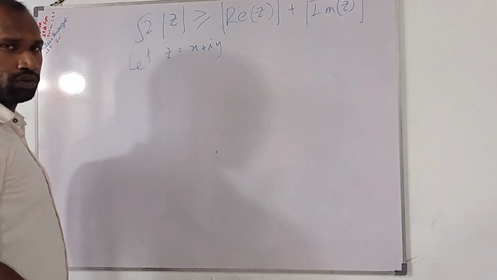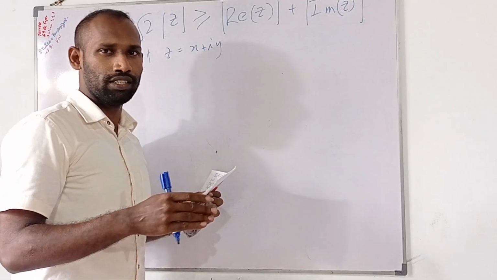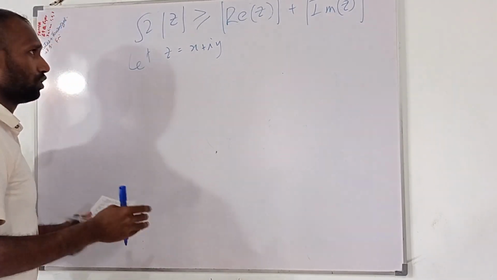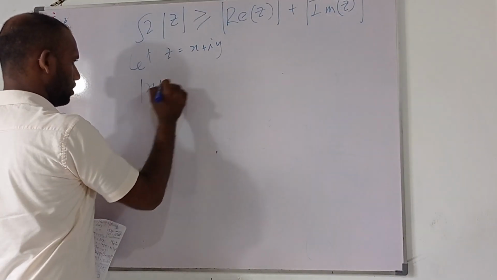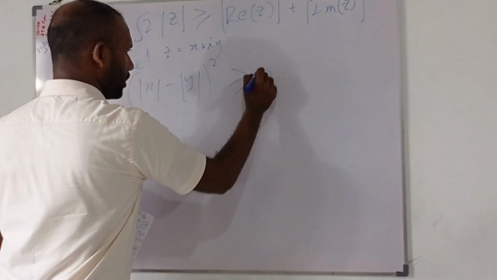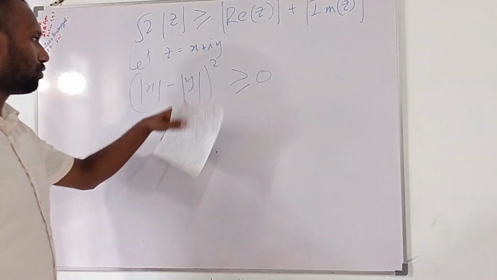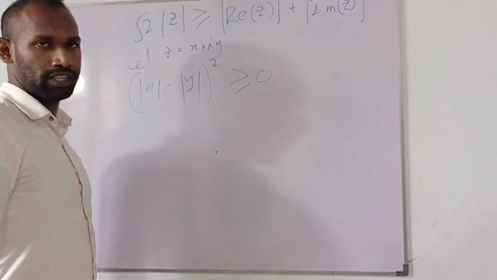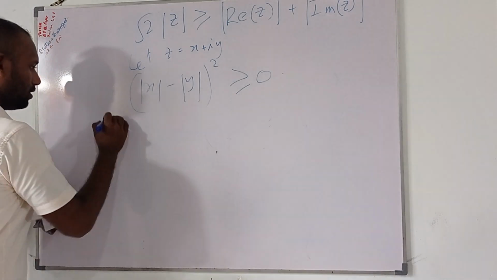So we know that any square is greater than or equal to 0. So modulus of x minus modulus of y, whole square, greater than or equal to 0. So expand this.